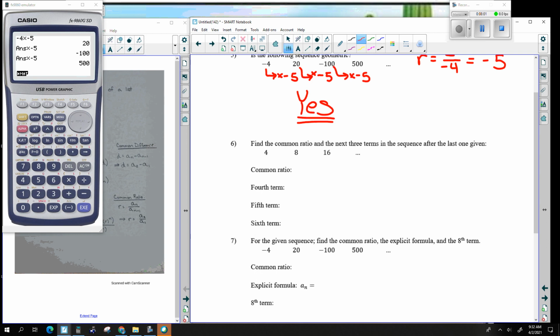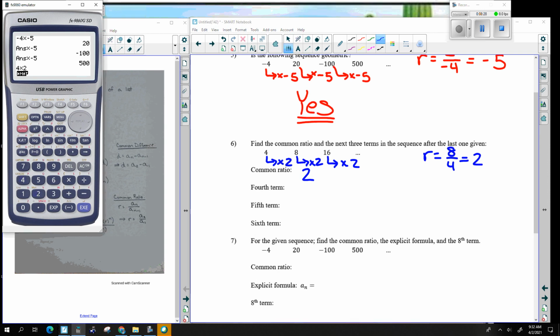Find the common ratio and the next 3 terms. Okay, easy peasy. So the common ratio is 8 divided by 4, which is 2. So what I'm going to do is I'm just going to multiply by 2. I see the common ratio is 2, I'm going to get the next 3 terms.